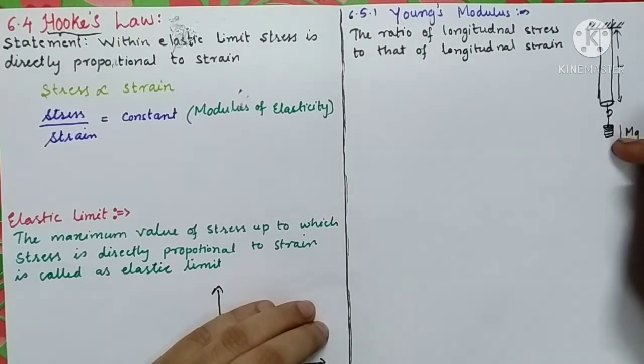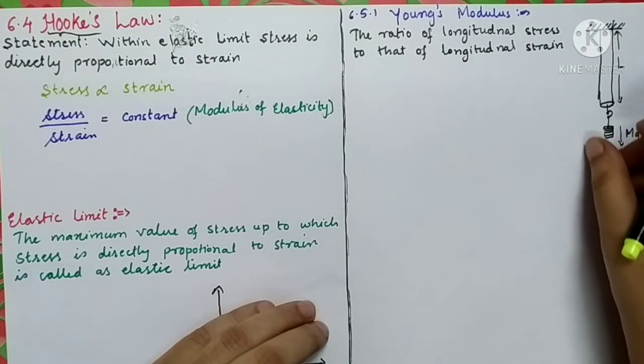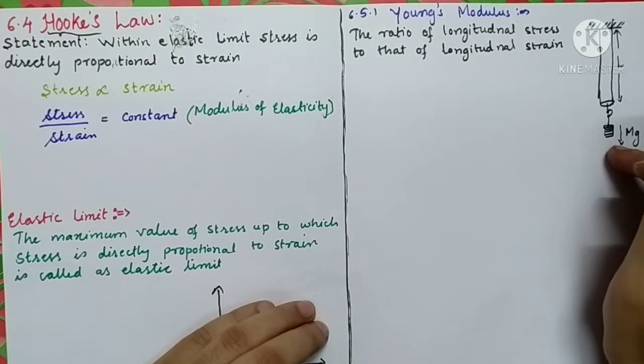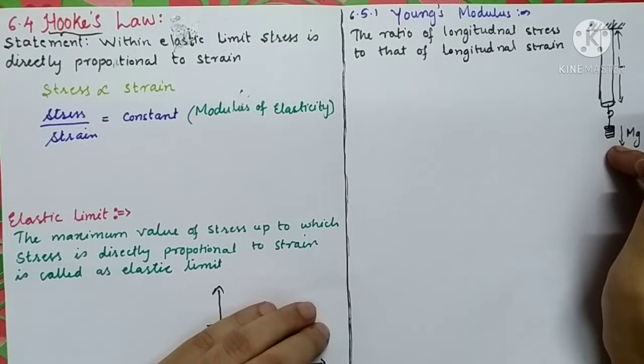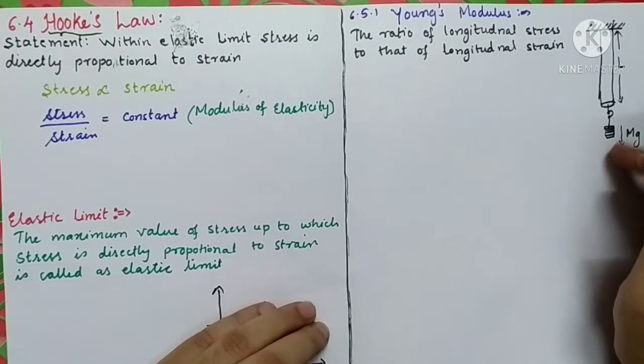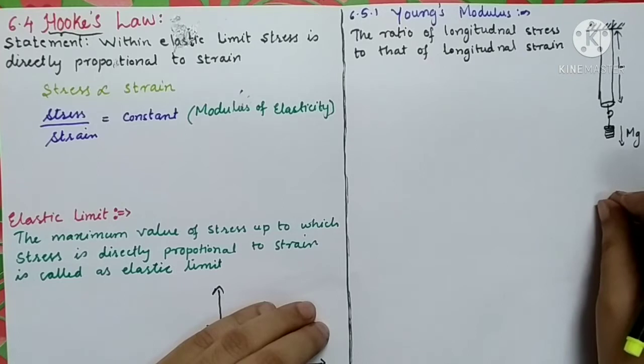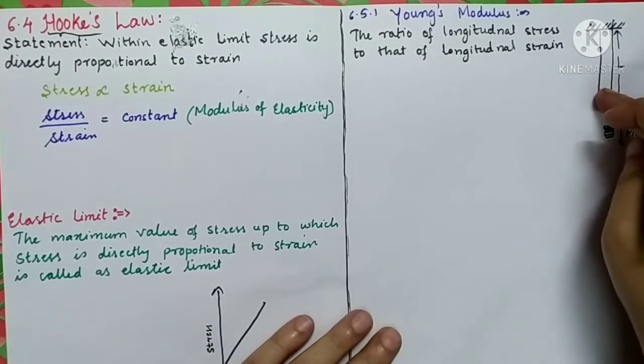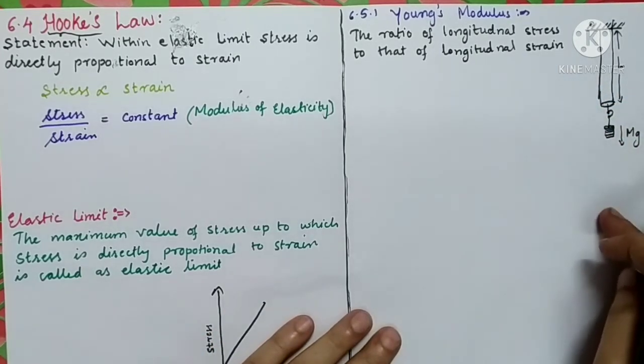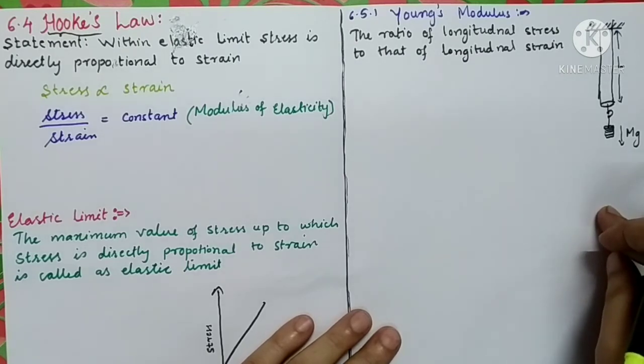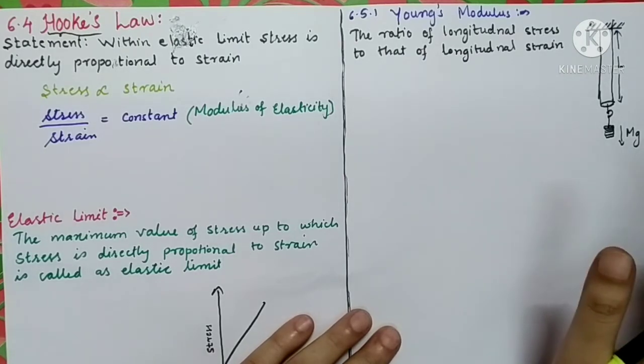When we go on increasing the load at the lower end of the wire, you will find that the strain produced inside the wire will also increase. When you go on adding a load, this wire will go on elongating, and a time will reach when the wire will break.